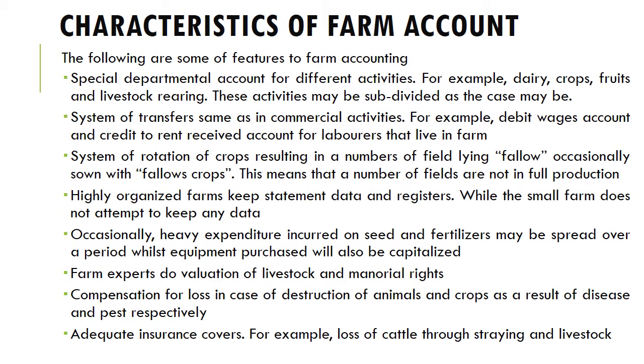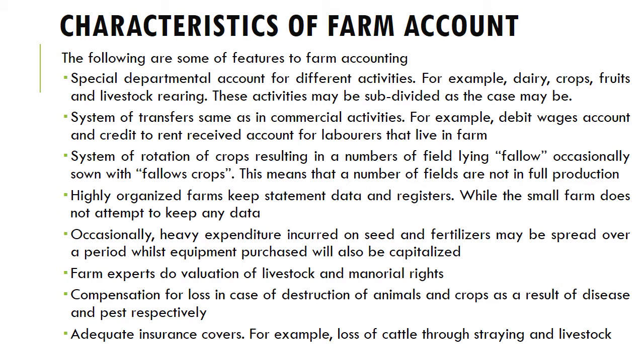The system of rotation of crops resulting in a number of fields lying fallow. What they're talking about here is that you may not have throughout the year the same type of production for the whole piece of land or the field that the farm possesses, because sometimes some land is made to lie fallow while it regains its vitality, so that there will be high yield in the future.